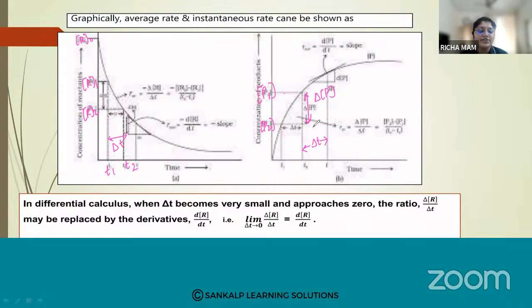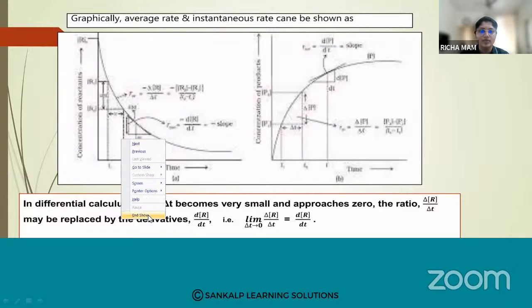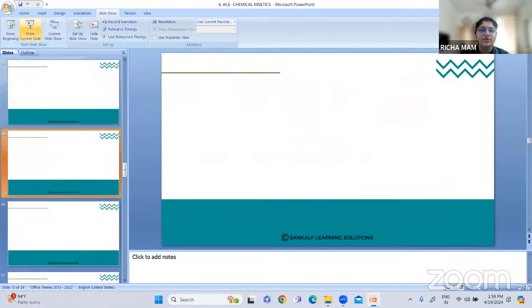This is the graph which represents your average rate. When we write the average rate, this is the condition. Now how to write the average rate? Suppose I give you a question like this.